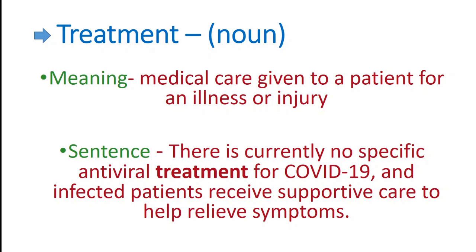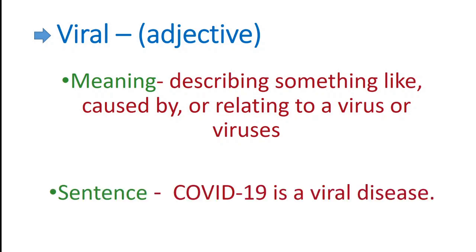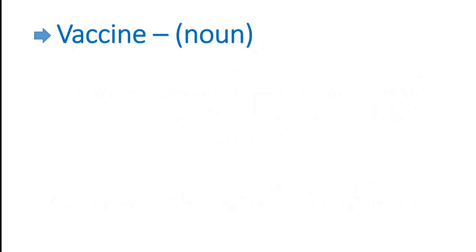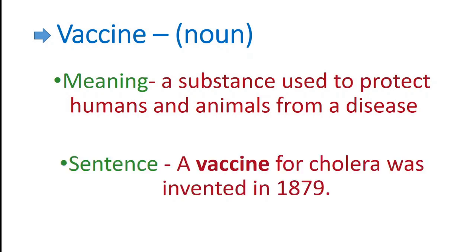Viral. Adjective. Meaning describing something caused by or relating to a virus or viruses. Sentence: COVID-19 is a viral disease. Vaccine. Noun. Meaning a substance used to protect humans and animals from a disease. Sentence: a vaccine for cholera was invented in 1879. Virus. Noun.